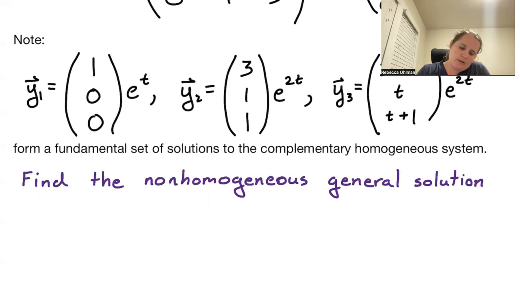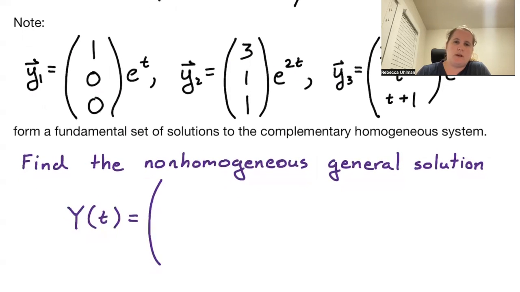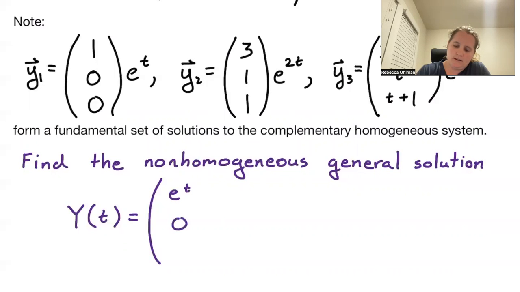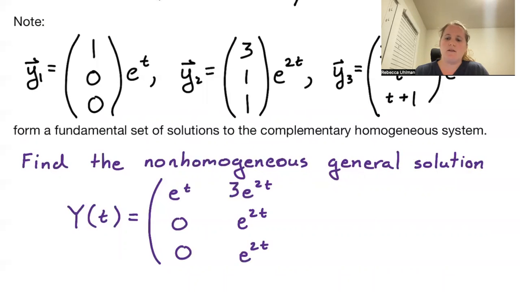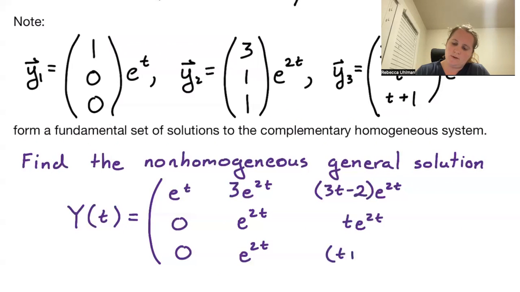So we have capital Y of t, which would be y1 in the first column, which is just e to the t, 0, 0. Then y2 for our second column, so that should be 3e to the 2t, e to the 2t, and e to the 2t. y3 in our third column, so that would be 3t minus 2 times e to the 2t, then t e to the 2t, and last up t plus 1 times e to the 2t.